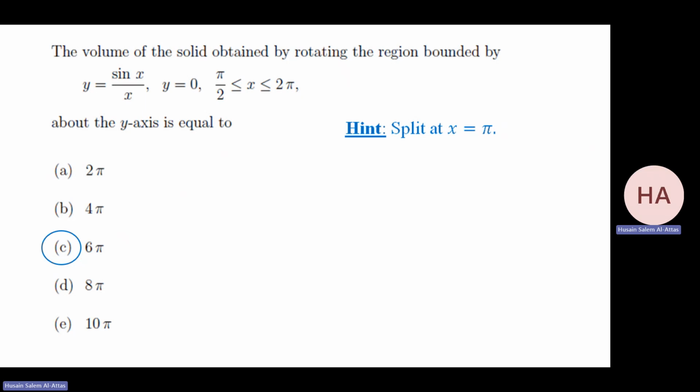Okay. Sine x over x. This one is a little bit complicated. Not complicated. The thing is, I think it has two places. Let us see what will happen.